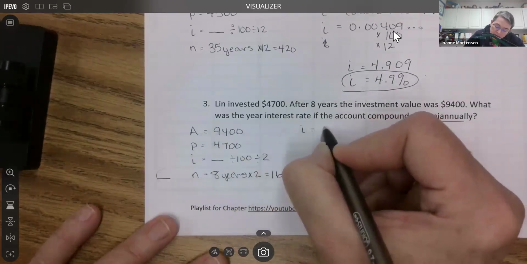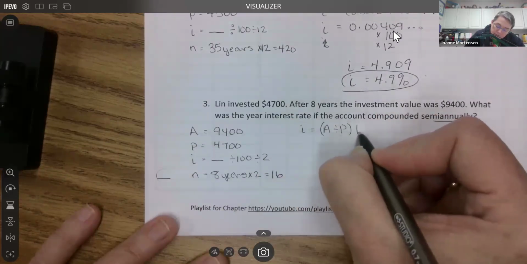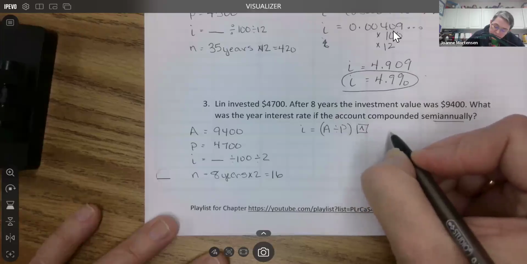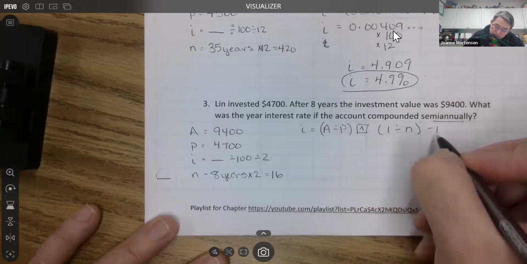I is equal to A divided by P, caret 1 divided by N, minus 1.